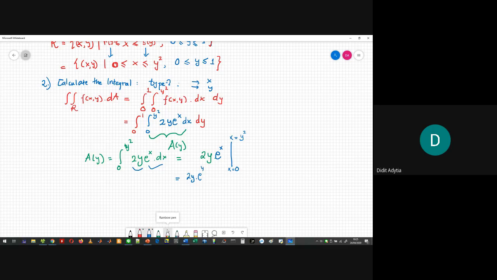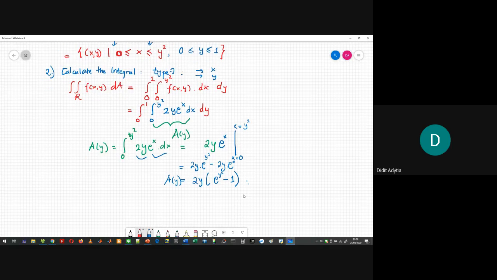E to the power of y square minus 2y e to the power of 0, which is 1. Okay? And then 2y e to the power of y square minus 2y, this is 1. Then we have a y is this one.